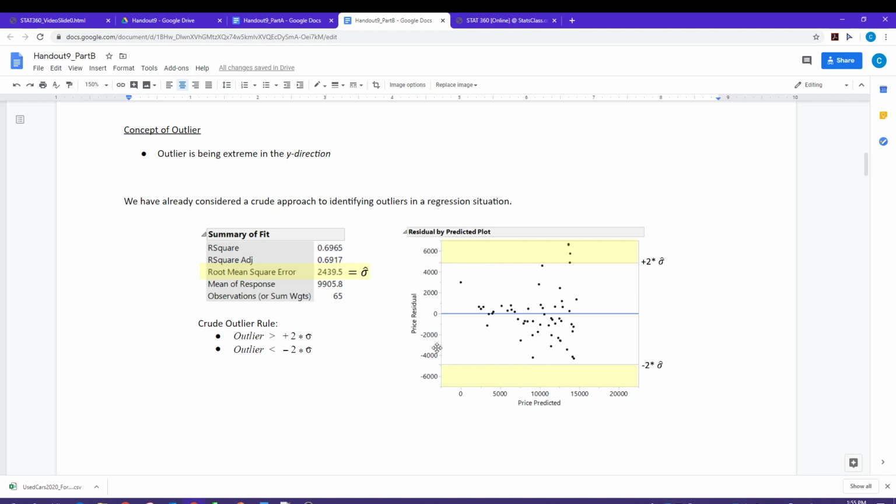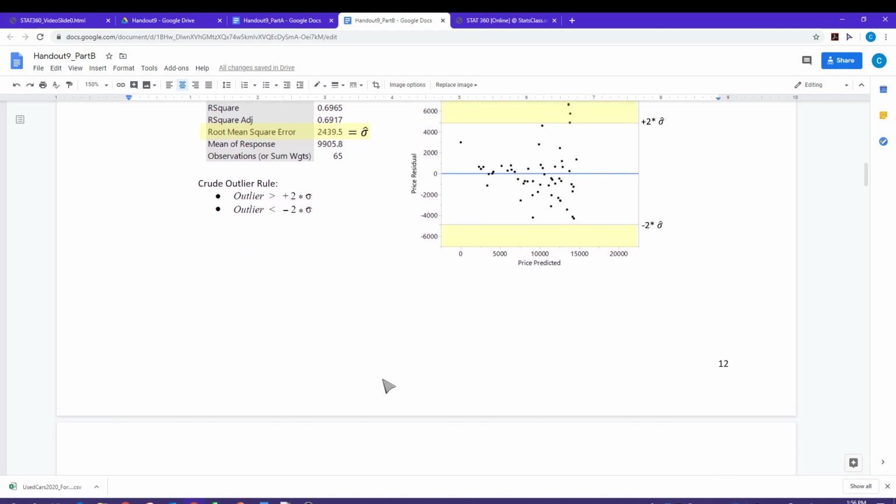And I can pick this up just on the plot of the residuals versus predicted. I can snap a line here at about 5,000 and negative 5,000. And any observations that sit outside of these outlier bands here would be considered outliers. So you can see that I have a set of observations here on the high side that would be outliers. Now, where are those observations on the original plot?